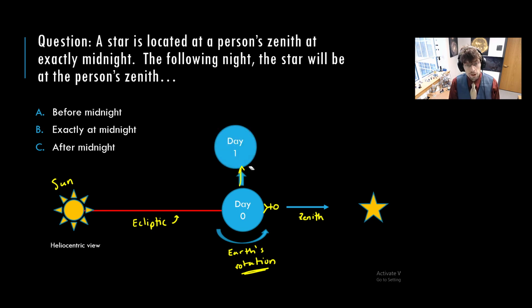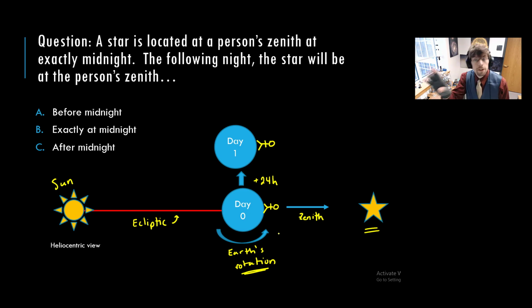The question I have for you: for an observer standing on the Earth the following night, 24 hours later, will this specified star have already passed through zenith, is it yet to pass through zenith, or is it exactly passing through zenith? Yeah, you got it?